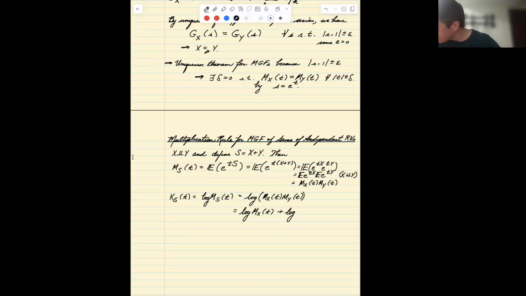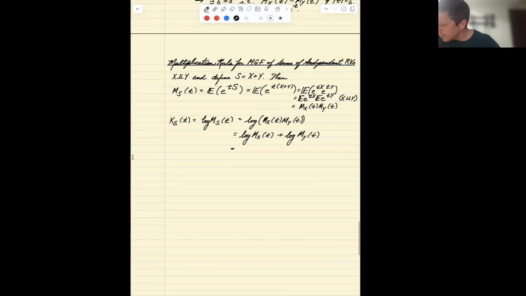And each of the logs itself is the log of a moment generating function. So the cumulant of a sum of independent random variables is the sum of the cumulants. Okay, so let's see how we can apply this.